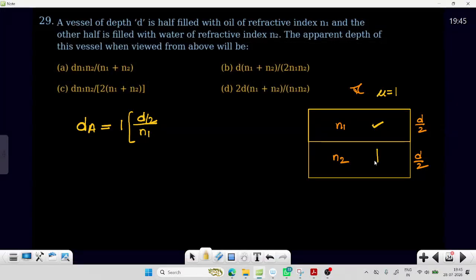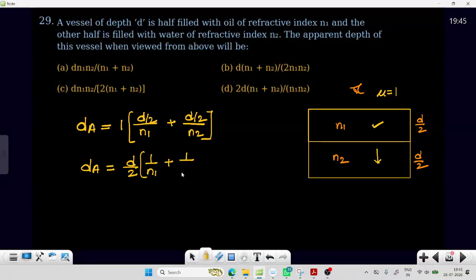Next, this distance is d by 2, and the refractive index is n2. So simplify it. We can take the d by 2 common outside. That is 1 by n1 plus 1 by n2.